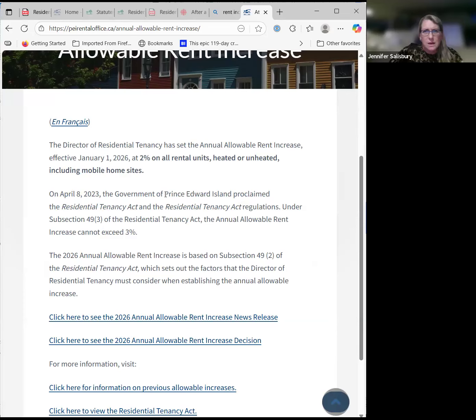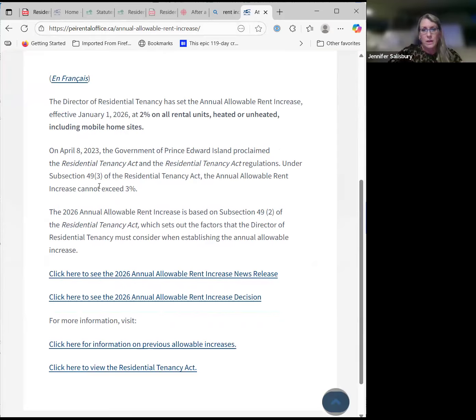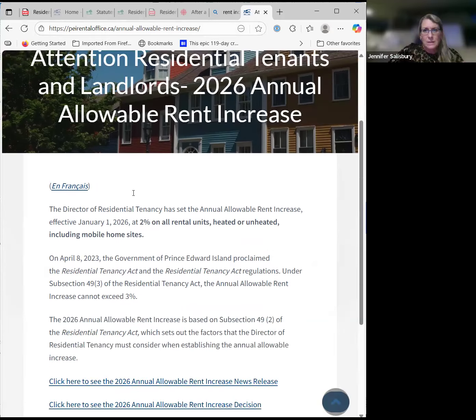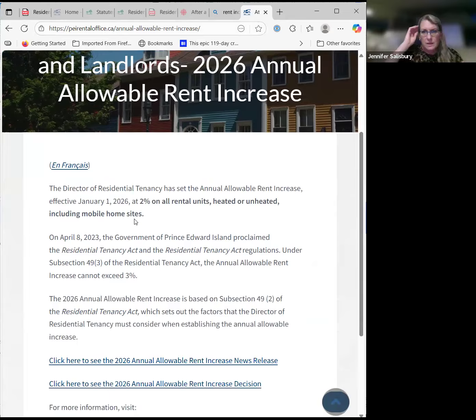Okay, so this is peirentaloffice.ca. I've actually got this as one of the additional ones. I know I'm only on the first resource, but this is the one that's going to take the longest, and then we'll go through it. I don't see a rent calculator, but they're saying that the annual allowable rent increase cannot exceed 3%. Okay. No, wait a minute. Oh, I'm misreading.